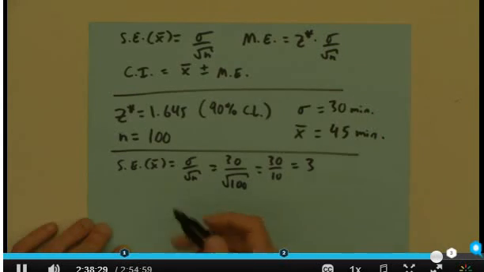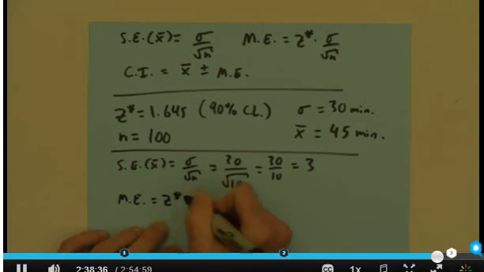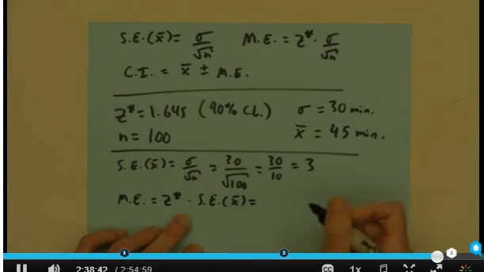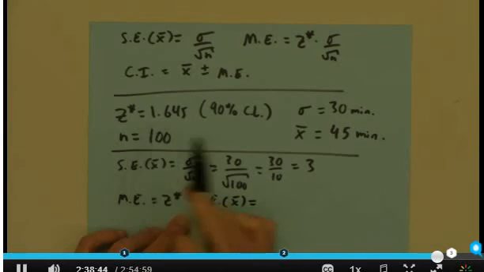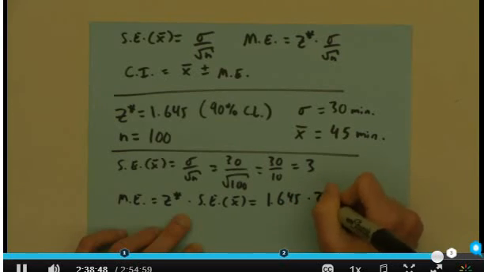From that, I can compute the margin of error. It's going to be my critical value times my standard error. And so that is 1.645 times 3.